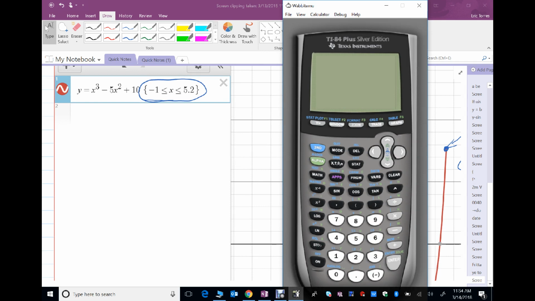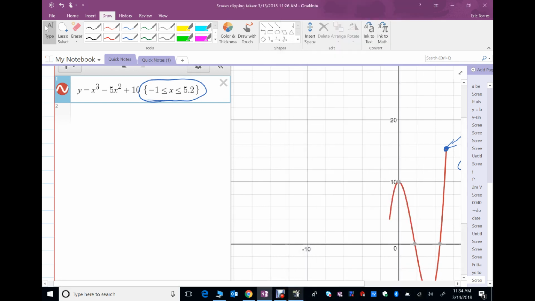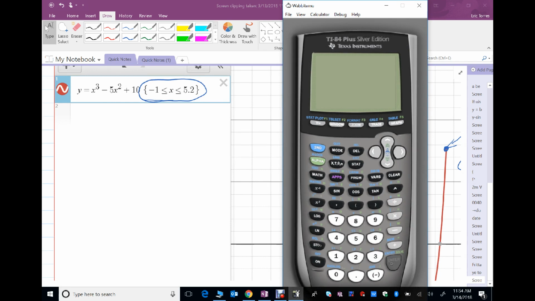And from one of my previous problems, I was working this. Come on, calculator, turn on. There we go. So I already have the formula in there. What I'm going to do is take 5.2 and store it as x.